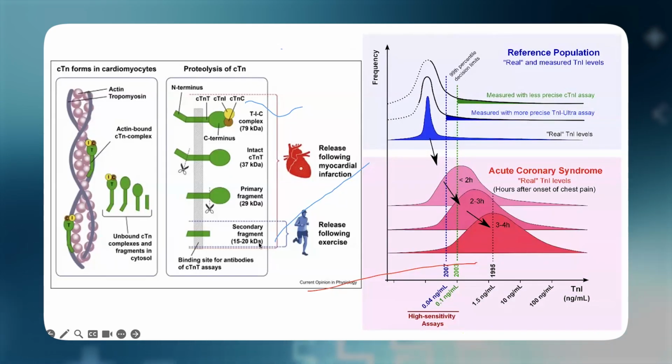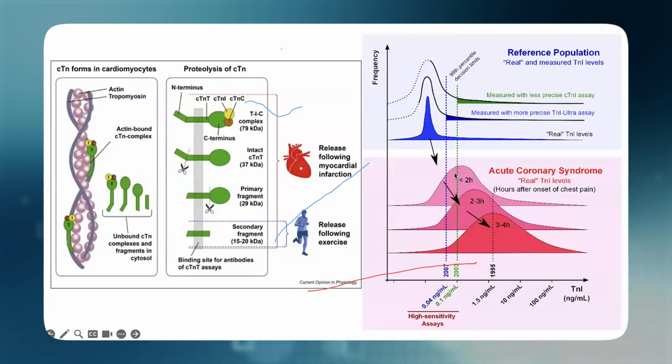Because troponin T can rise following exercise as well. Troponin I assays have also been improved, and now for the high sensitive troponins, we follow this pattern. Any level more than 0.04 nanogram per ml in high sensitive troponin I is a positive result for myocardial infarction.